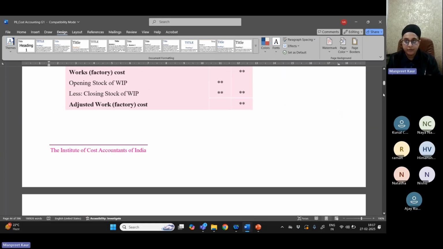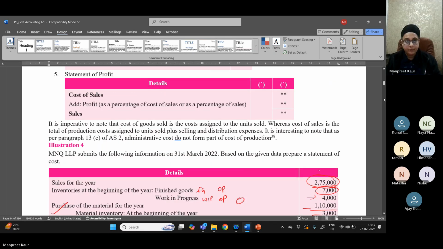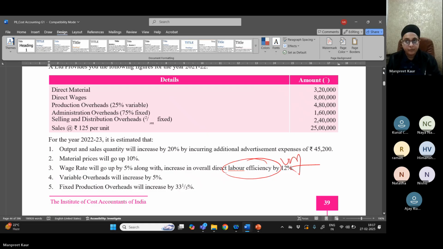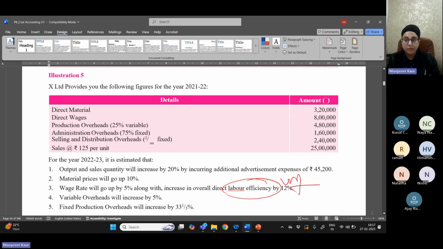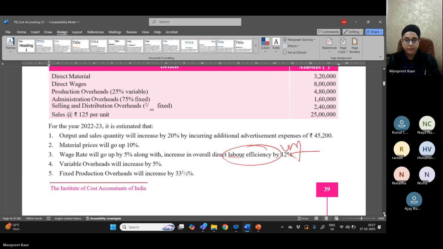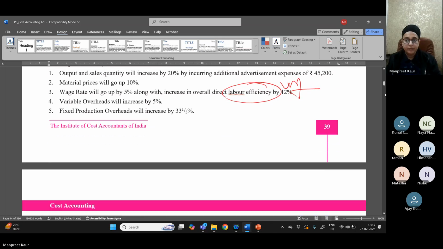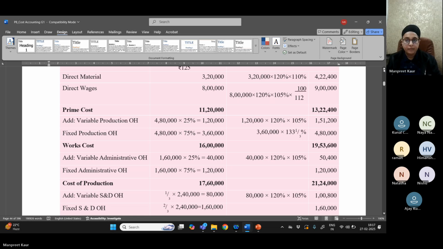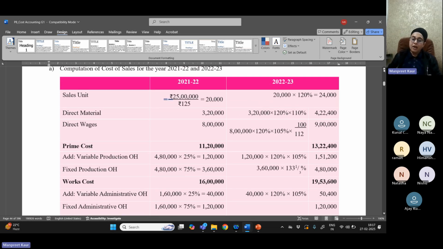Question number 5, 6. Question number 5. See, we have the sales amount given, that is 25 lakh, and the sales price per unit is 125 rupees.